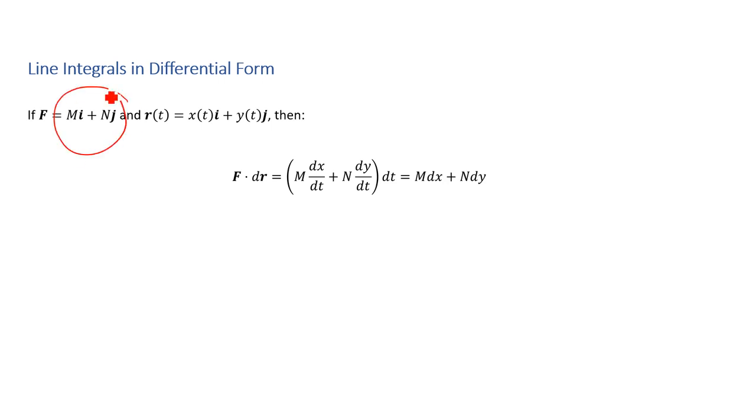So if our vector field can be described as M, N, and our r is x, y, those are the parametric equations for our path, then F dot dr, which we learned is the same as F times r prime dt.